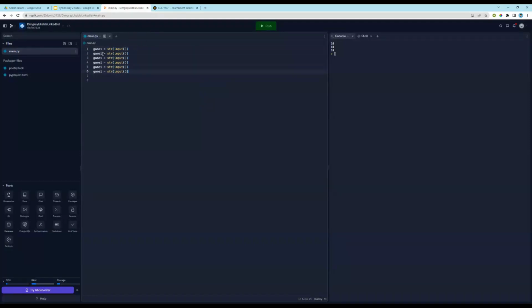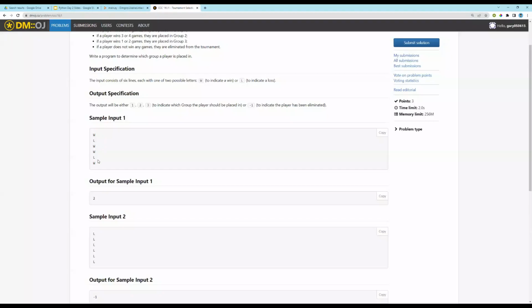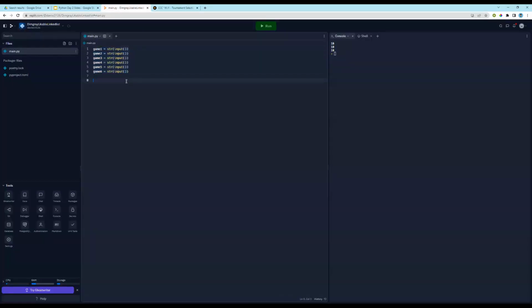And then all we have to do is the same thing 6 times, except that we change the variable name so that they're not duplicates. So now we have taken in 6 lines of input of whether the person won the game or not. And then lastly, we have to keep a count of how many games he's won. So we have to make a count variable that starts with 0.